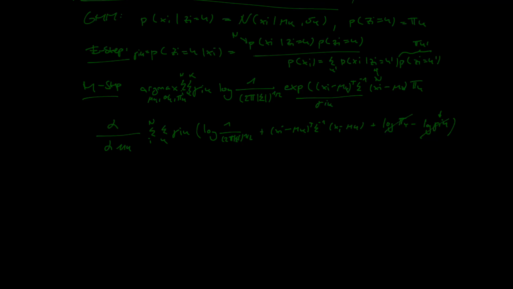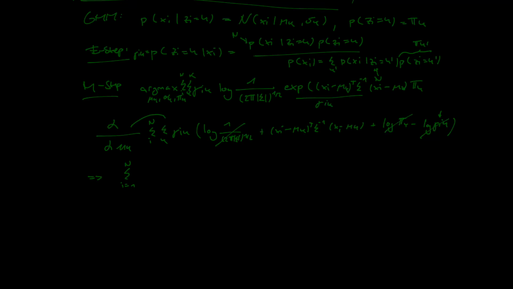But since we took the expectation over this in the E step, we can consider it as a constant, so it just falls out. Of course this term will fall out, so what we're left with is, and now I take the uk into the sum. Let's do that also.